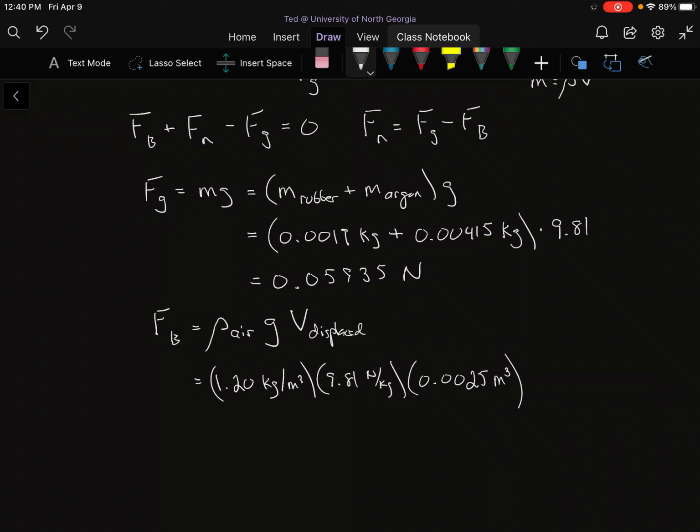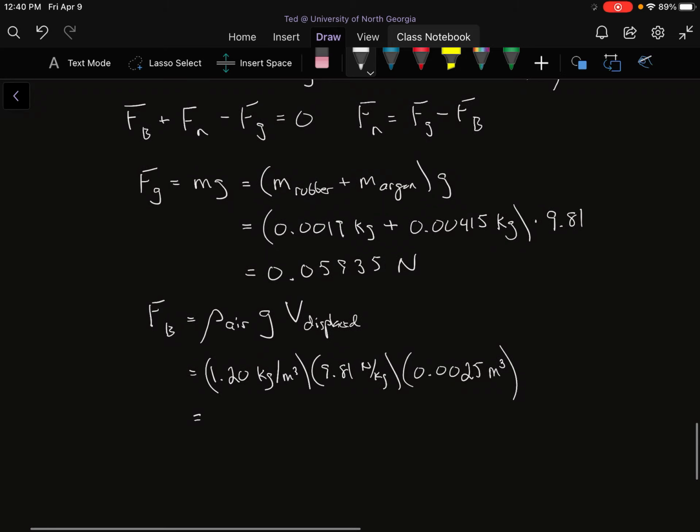Remember that 1 liter is 1/1000th of a meter cubed, so we have to divide by 1,000 to get meters cubed. So the buoyancy force is equal to 1.2 times 9.81 times 0.0025. The buoyancy force is 0.02943 newtons. So notice that the buoyancy force is less than the weight.